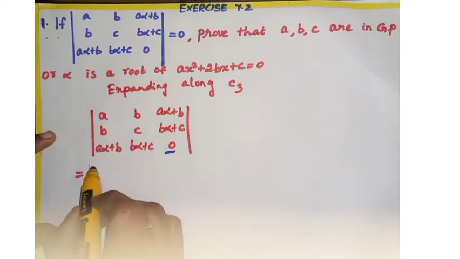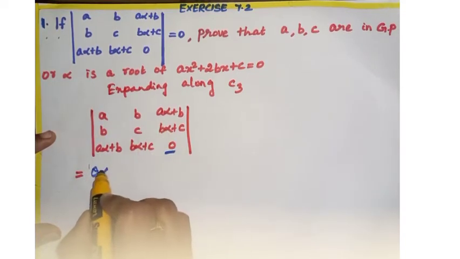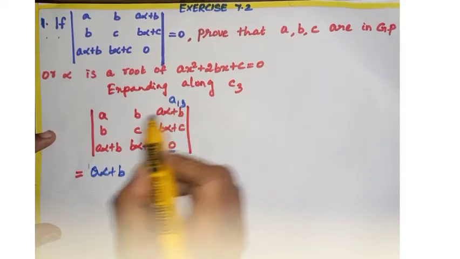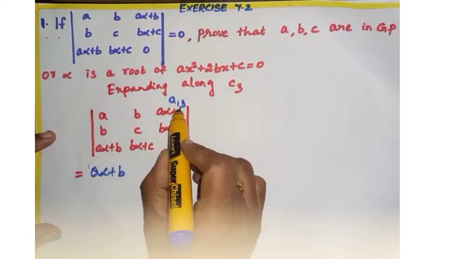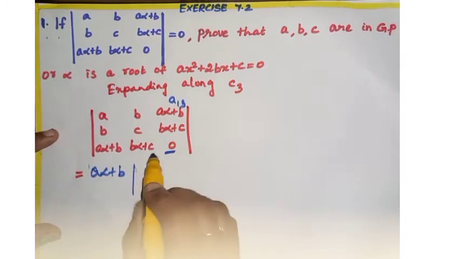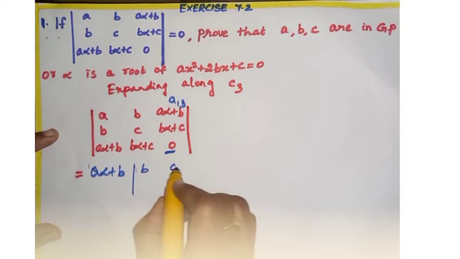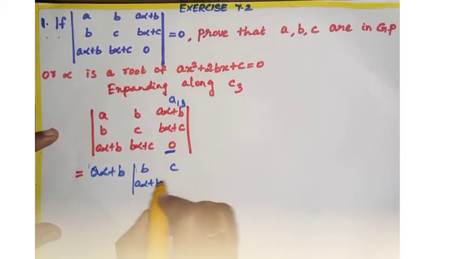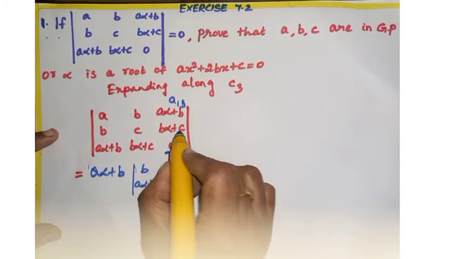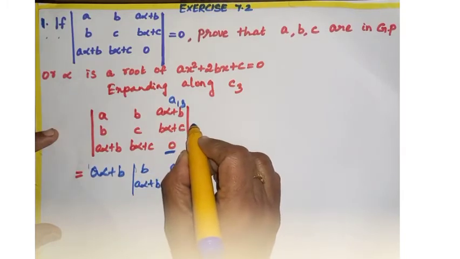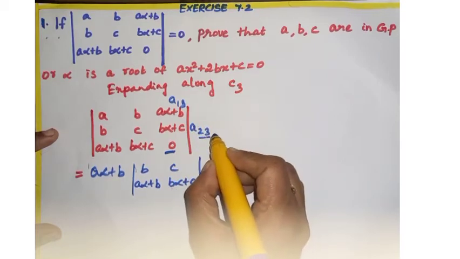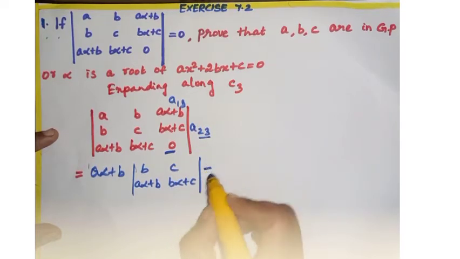So, A alpha plus B is in the place A13. That means you have to delete the first row and third column. Then you have the submatrix B, C, A alpha plus B, B alpha plus C. B alpha plus C is in the place of A23, so 2 plus 3 is 5, so you will get a negative sign.